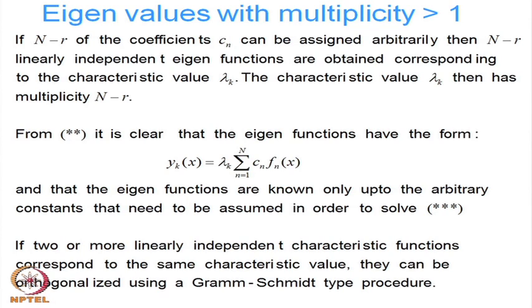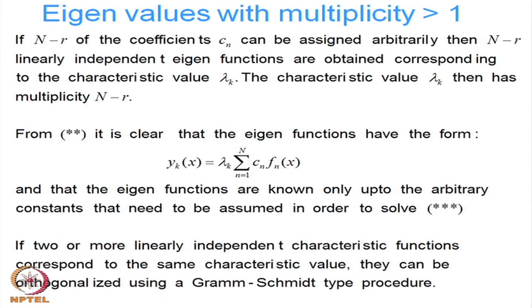So, in general, it is possible to end up with n orthogonal eigenfunctions, right? We know that if we have multiplicity more than 1, those eigenfunctions are going to be linearly independent, but then we can orthogonalize them using Gram-Schmidt's procedure.